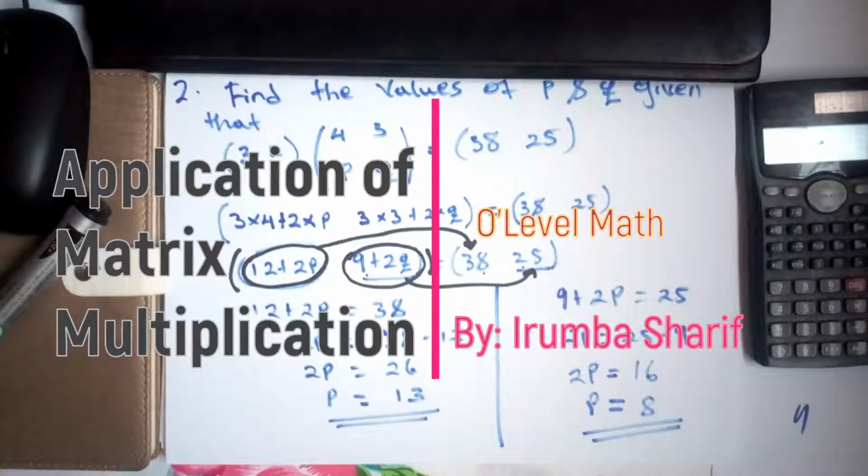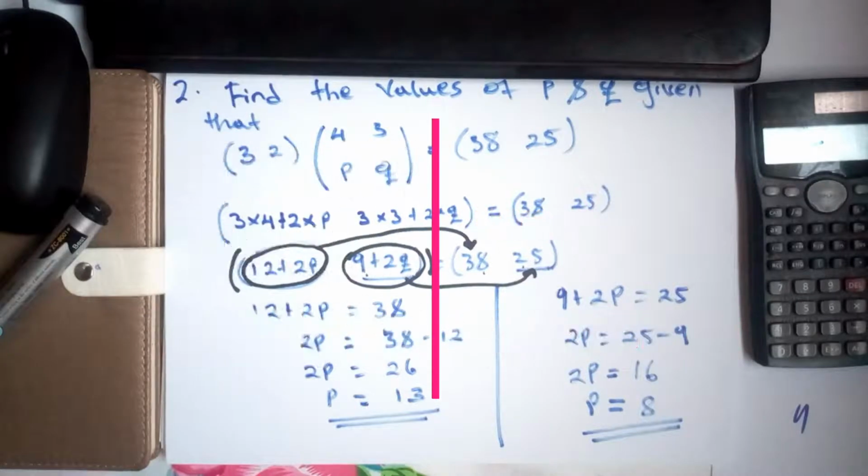For this lesson, we are going to look at other examples whereby we can find different items. It may be prices, it may be anything, but still we use matrices. So for this video we are going to look at more examples.